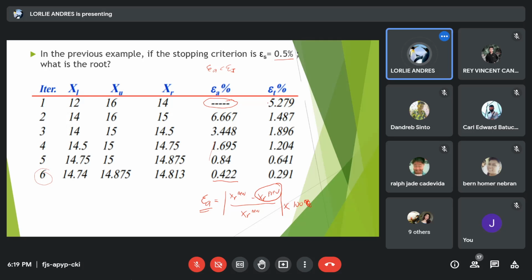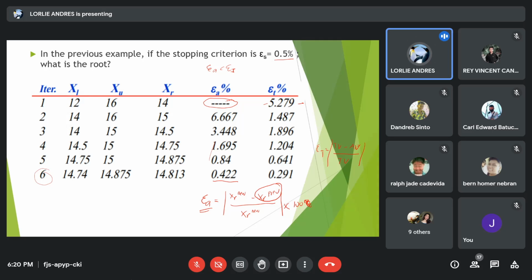Kani siya, true percent relative error gi-calculate niya ni kay nag gamit na siya og katong approximate root value. Ang gigamit ata diri is 14 point, nakalimot ko. Basta kani siya na solve ni siya using the formula na katong E sub t is equal to the true value minus the approximate value over the true value.